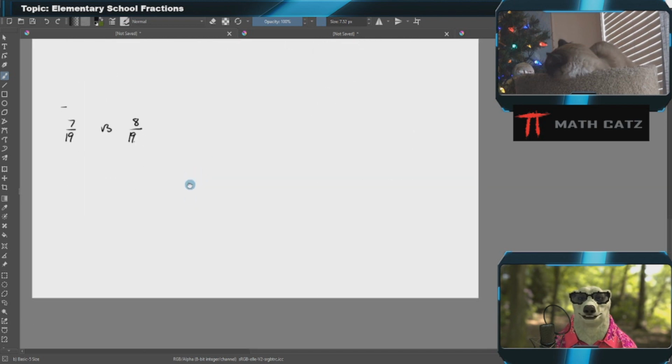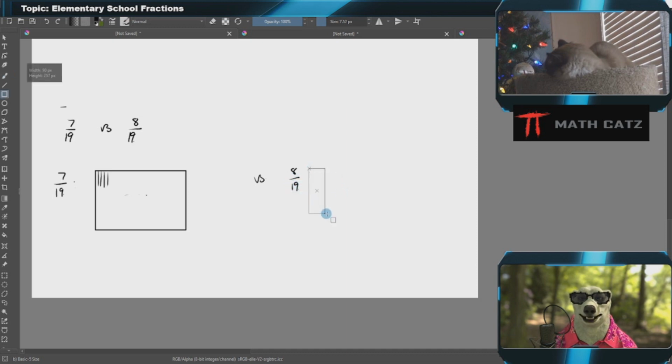I can flip that around to arguably an easier one, where the denominators are the same. So if I now visualize, and perhaps it might make sense to start with something like this before the other one, a little easier perhaps. Here, the rectangle is split up into 19 pieces. Compare that to a rectangle that's split up in the same number of pieces.